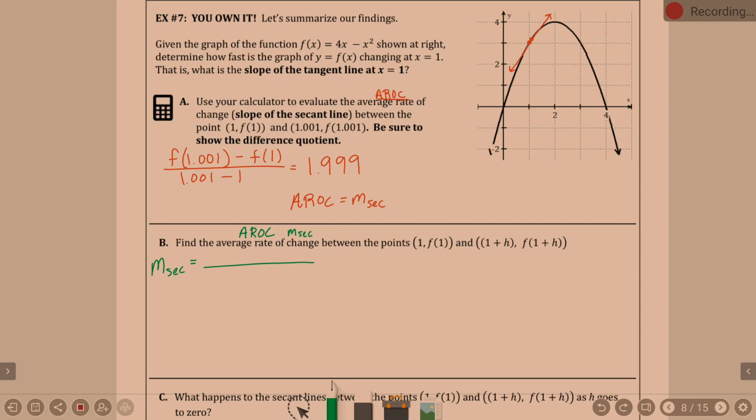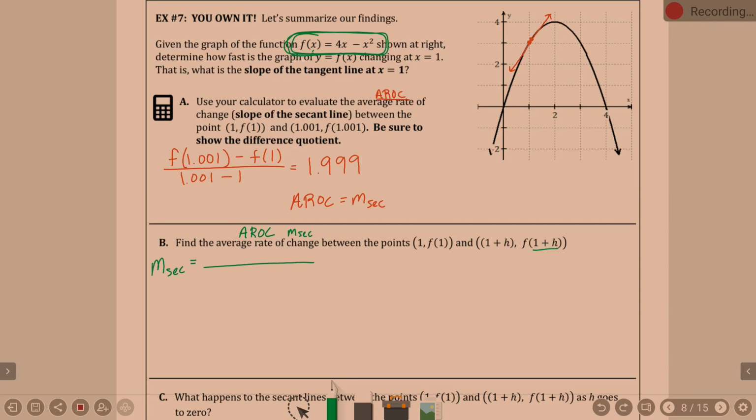What is f, folks? f is that, right? So f of 1 plus h: every place I see x, I'm replacing with 1 plus h.